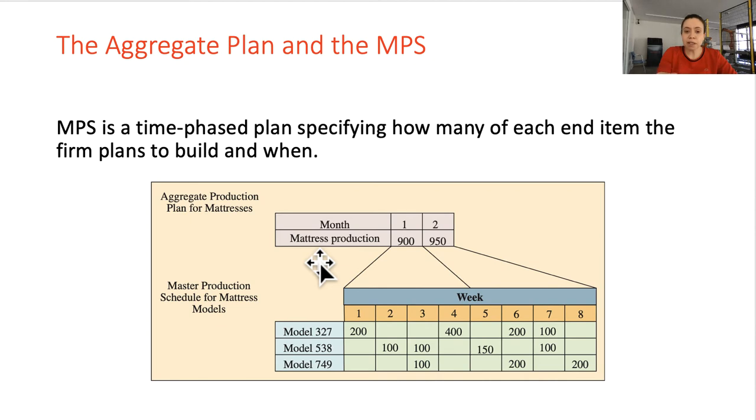In the MPS, we disaggregate this aggregate plan. Here, in fact, the company has 3 different mattresses. Here we see the models, and also we determine the exact time to produce these models. We make a production plan weekly for these 2 months.